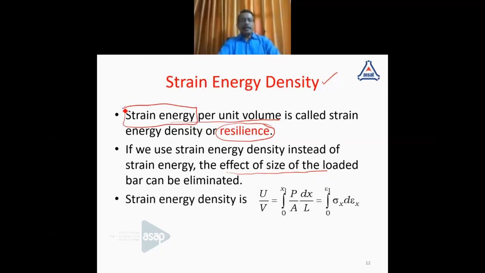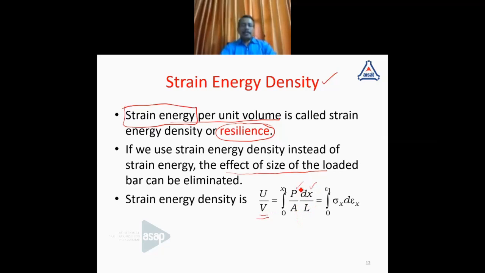Now it can be defined as U by V. U is strain energy and V is the volume of the body. So U, we know, is the integral of P into dx. V is the cross-sectional area A into the length L, which is the volume.